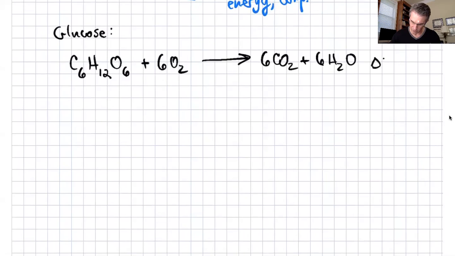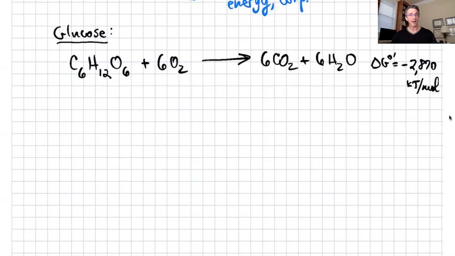The combustion free energy, standard state, for that reaction is minus 2,870 kilojoules per mole. Yes, that's megajoules. A mole of glucose is worth nearly 3 megajoules of energy, right?